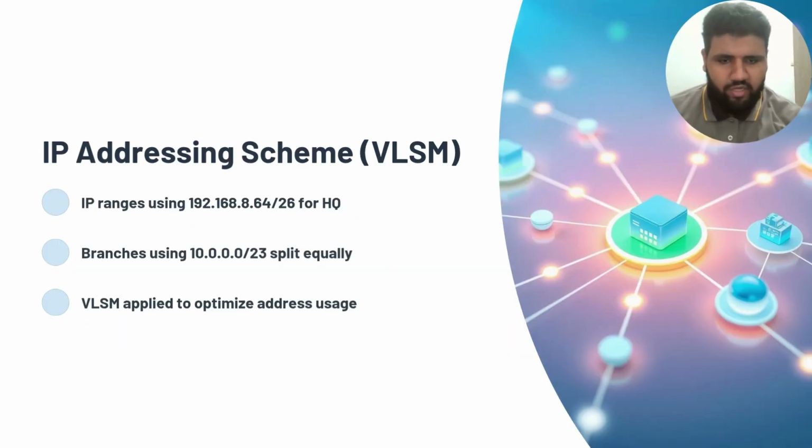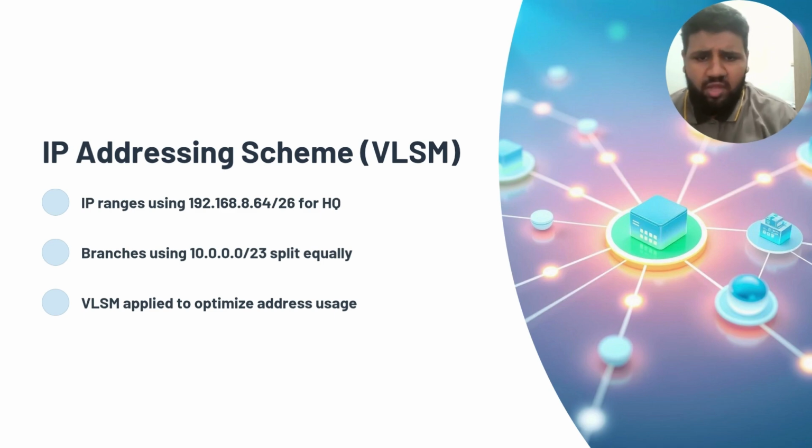Hi everyone, I'm Suleiman and I will do the VLSM. Firstly, we have the headquarters. It's carved out of the private block 192.168.8.64. Secondly, the two branch offices share a single 10.0.0.0 block, which we split equally into two networks. For Kolim, we take 10.0.0.0, and for Skudai, we take 10.0.1.0.